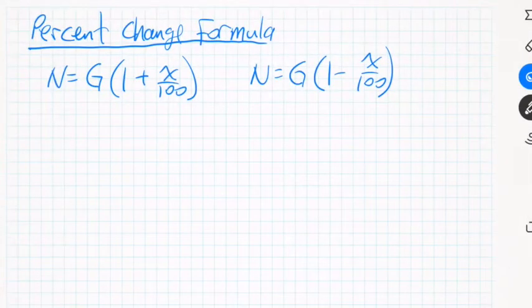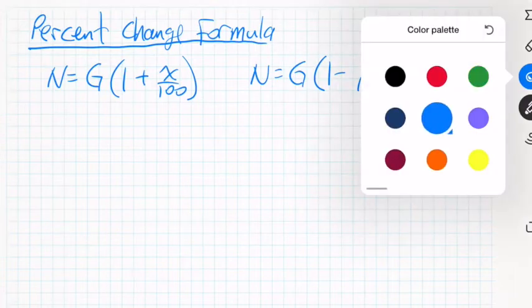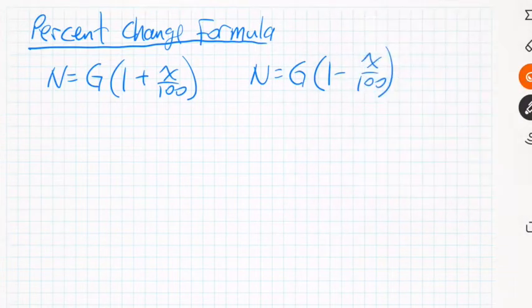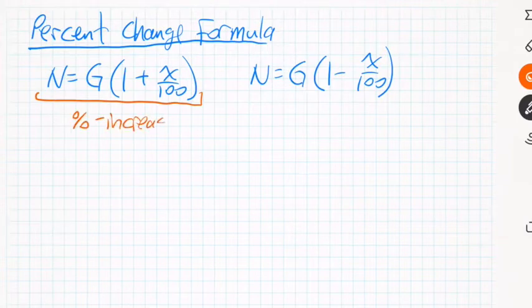So here I've written it twice. Generally, I usually just put a plus or minus and write the formula once. But I wanted to be really clear about something. This formula is called the percent increase. So that means that your percentage is going to be represented by a positive number.